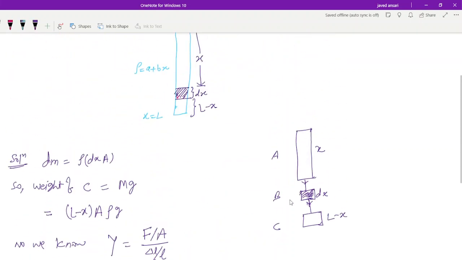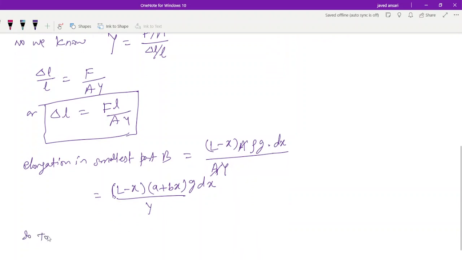So if you want to find out the whole elongation in this whole rod, you just have to integrate it. This is a technique we use for anything which is varying. So we're going to integrate it from 0 to L, and then we'll find out the total elongation.